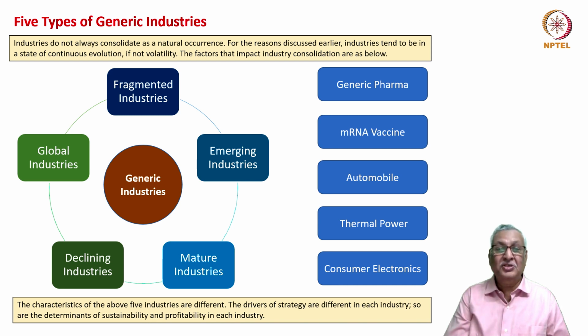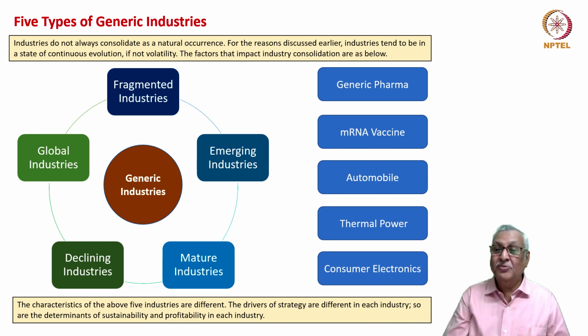For the reasons discussed earlier, industries tend to be in a state of continuous evolution, if not volatility. And the factors that impact this industry consolidation into these 5 groups will be discussed as we move along. The characteristics of the above 5 industries are different. The drivers of strategy are different in each industry. So are the determinants of sustainability and profitability in each industry.